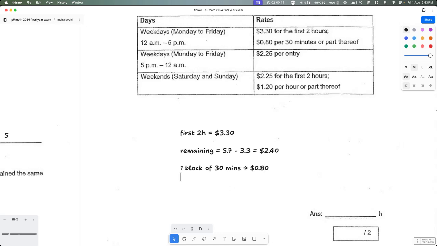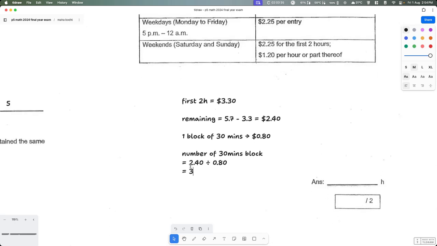So the number of 30 minutes blocks is equal to the remaining $2.40 divided by 0.80, which is equal to 3 blocks. So it's like 24 divided by 8.